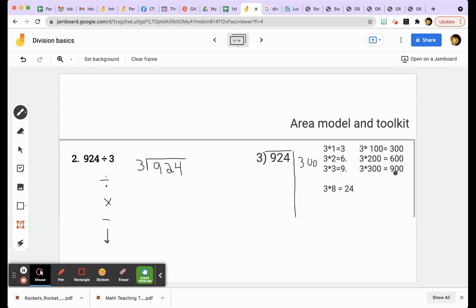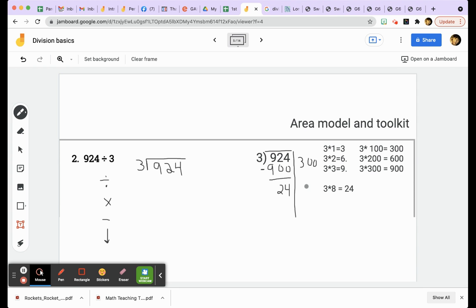So my partial quotient is 300. And 3 times 300, 900. Here, I'm going to subtract. And when I subtract, I have 24. So now I'm going to go back to my toolkit. And do I have a product of 24? And yes, I do. And that's 3 times 8.